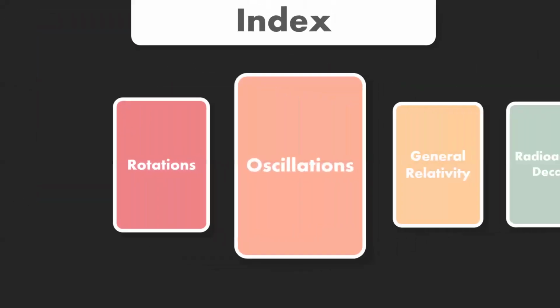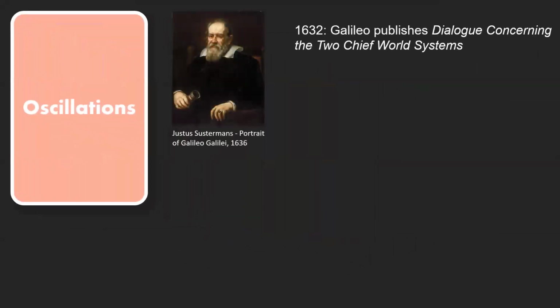And it all starts with our friend Galileo when he published Dialogue Concerning the Two Chief World Systems. They're debating about whether geocentrism or heliocentrism is the best system.